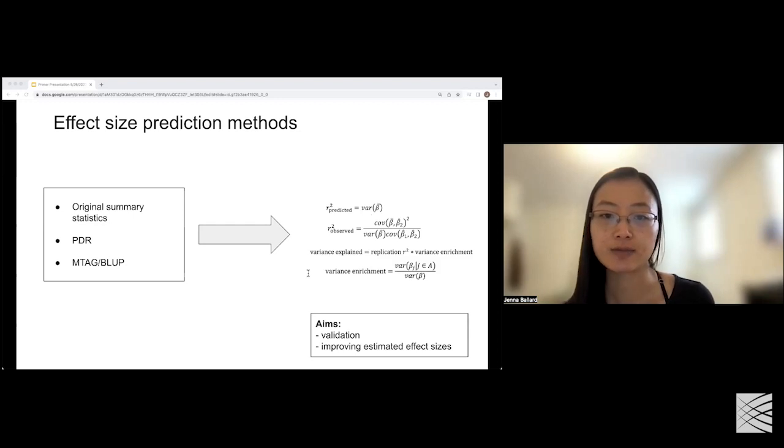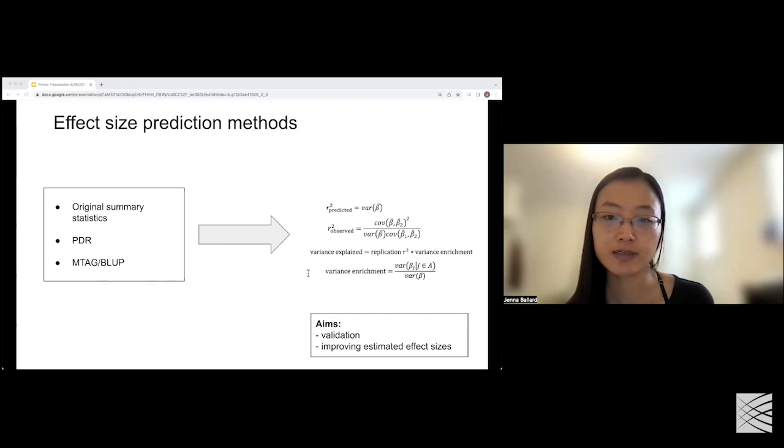The MTAG estimates were obtained using the best linear unbiased predictor, or BLUP, which uses a multivariate normal prior, which is needed to calculate the posterior mean effect sizes, and has identical replication R² to MTAG.